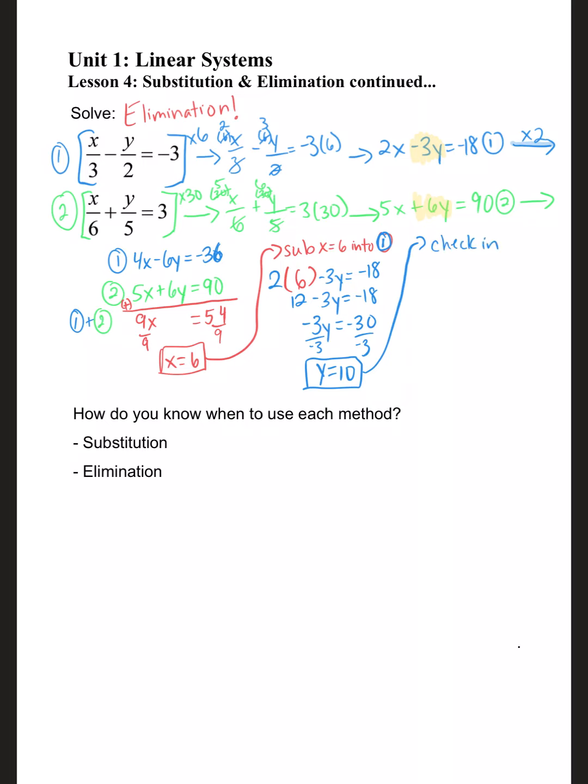So check in 2. We will do a left side, right side check using my simplified equation 2 as well. After we cleared the fraction, the left side of equation 2 was 5x plus 6y, and the right side was just 90. So we'll substitute in our values. For x, we'll sub in a 6, and for y, we'll substitute in 10. Now 5 times 6 is 30, 6 times 10 is 60.